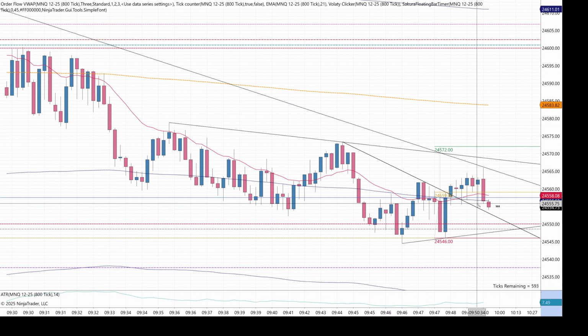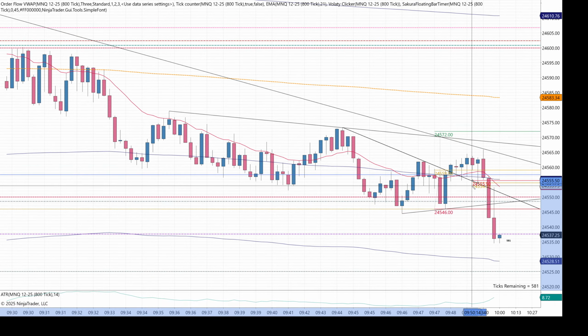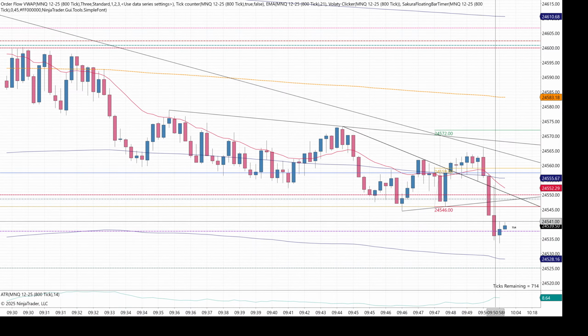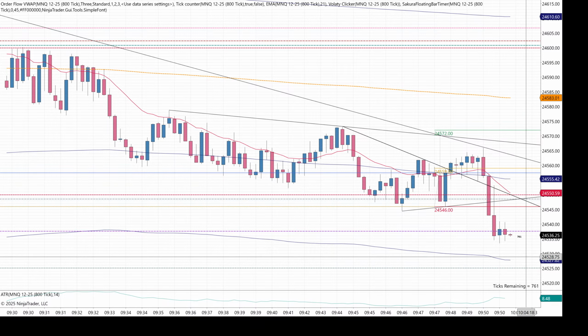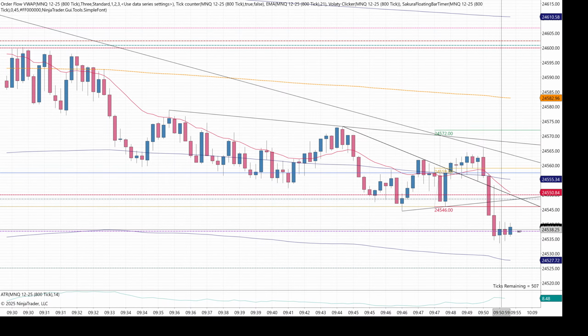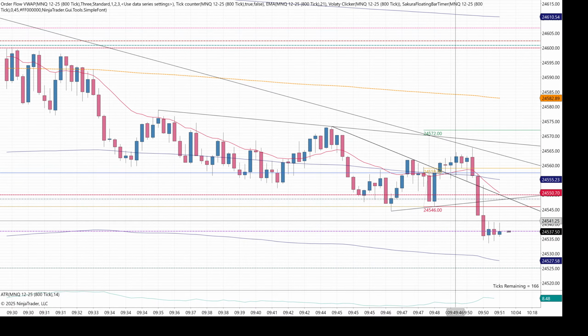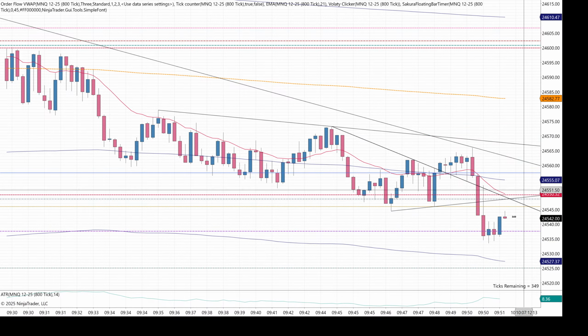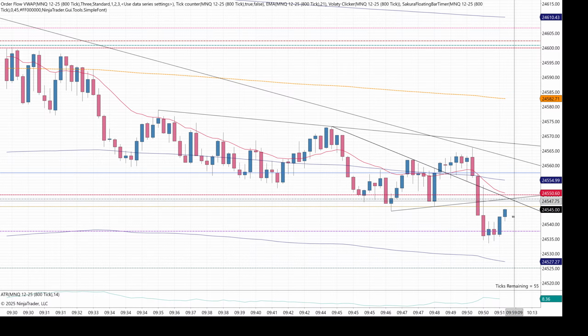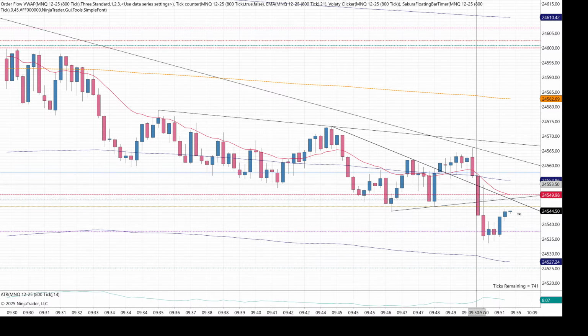All right, so we have a bullish and a bearish trigger. Oh boy, what happened there? Do your candles look like that too? Wow. Yeah, it came out of nowhere.